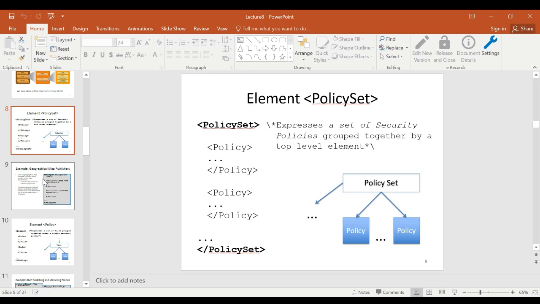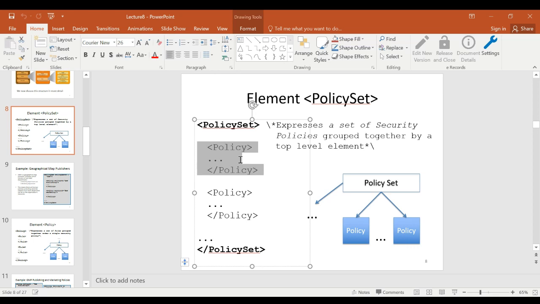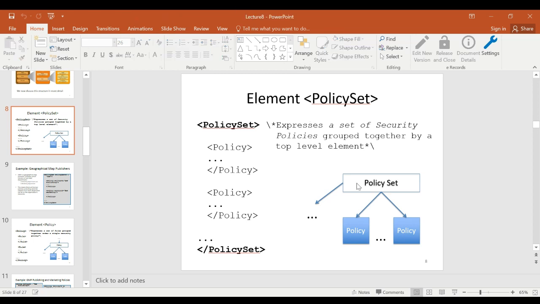So you have here your top level attribute, which is basically saying that whatever you will see within this document is a set of policies. And as the name suggests, you will find within that policy set element a number of individual elements of type policy. So a policy set simply consists of a number of individual policies.